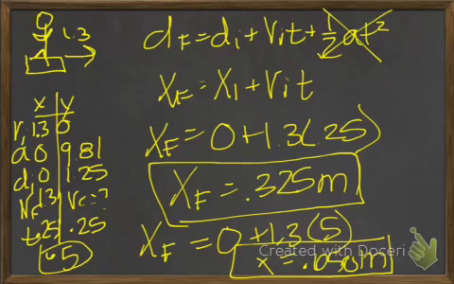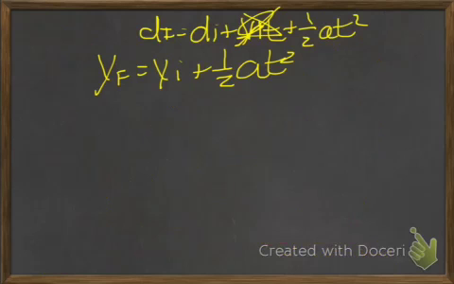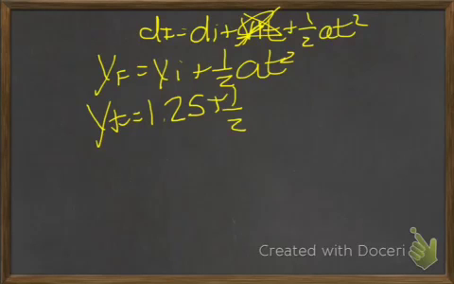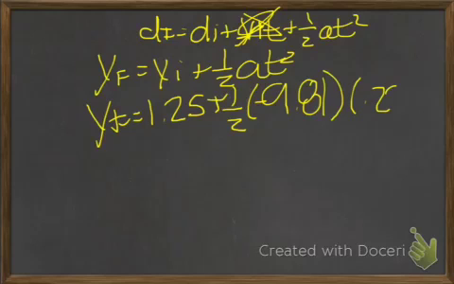Let's see, our initial position of y was 1.25 plus 1/2, and in this case again you're going to use that negative 9.81, because the acceleration is going to be going against the position, so our final position is going to be lower than our initial position, times the time of 0.25 squared. So you take 0.25 squared times the negative 9.81 divided by 2.